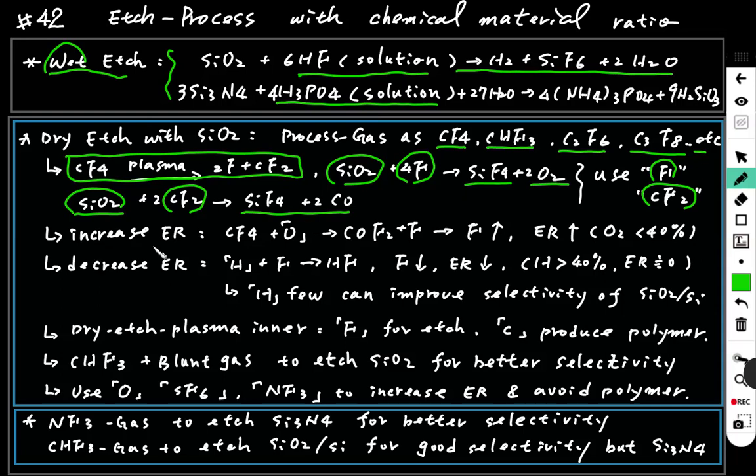We want to increase the etch rate. We can see this formula, CF4 with O to become COF2 and F. You can see that F increasing, etch rate increasing.